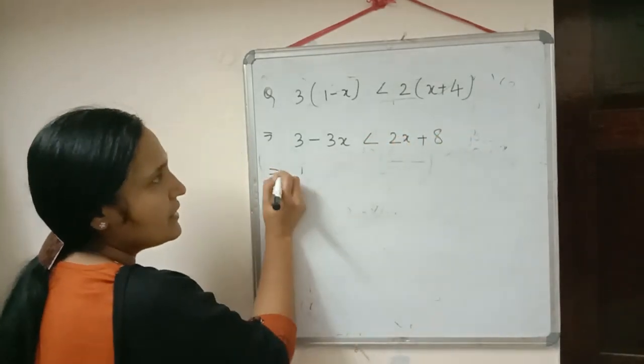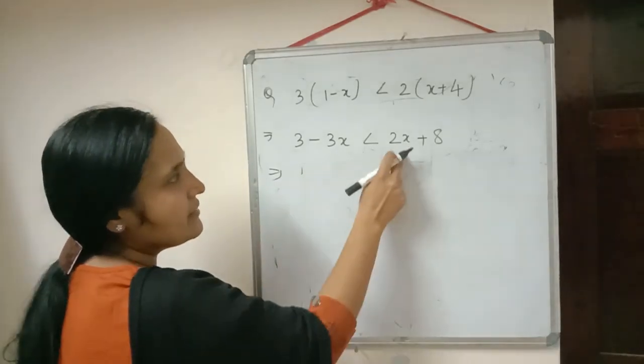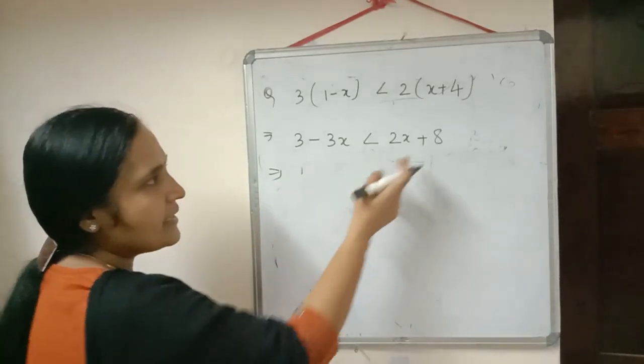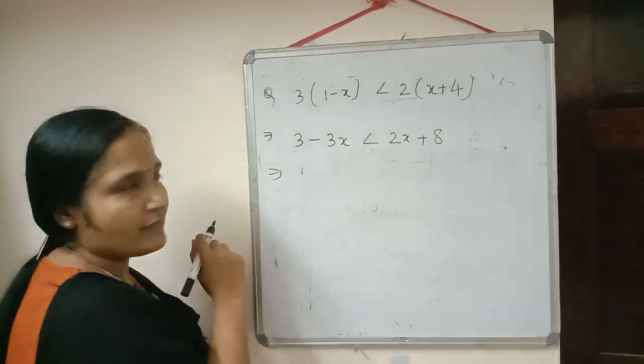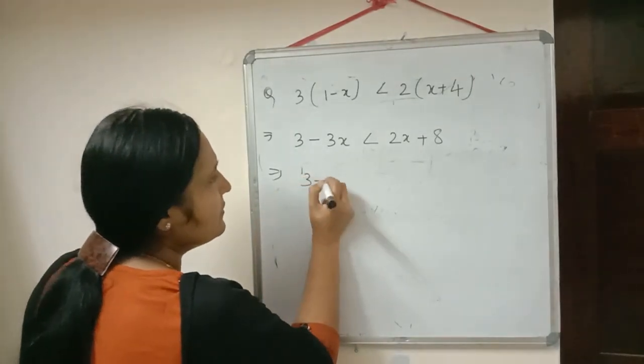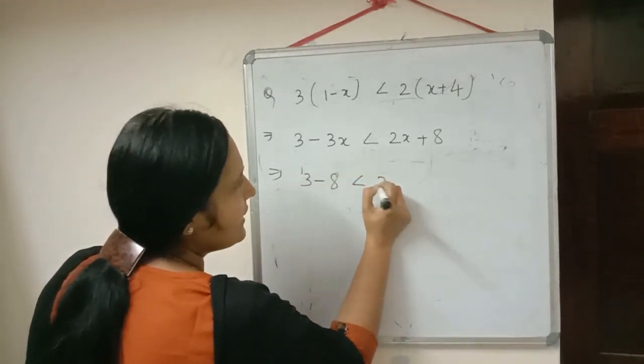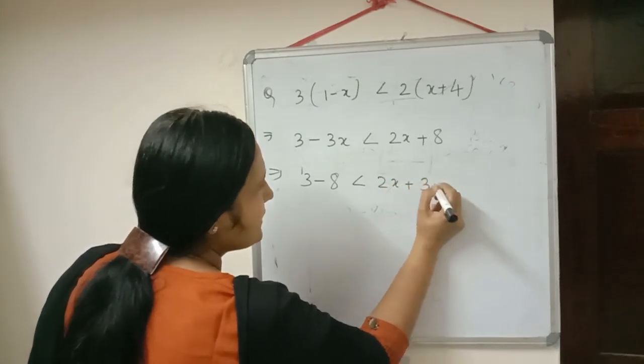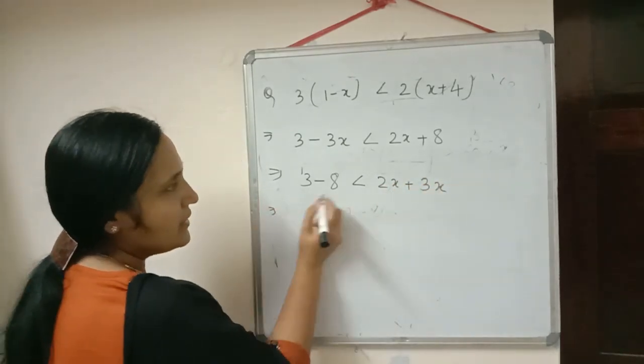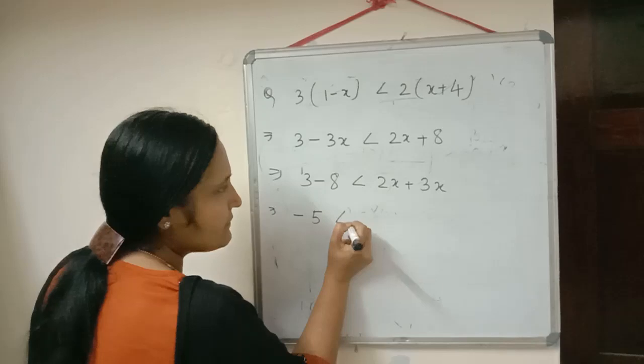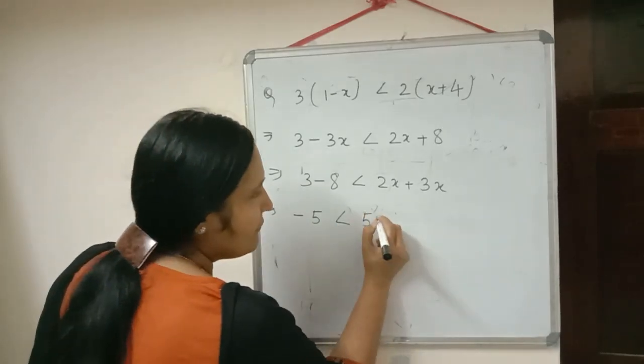Correct? Now what can we do? We can shift that 3x to the right hand side and 8 I am shifting to the left hand side. Then it will be 3 minus 8 less than 2x plus 3x.